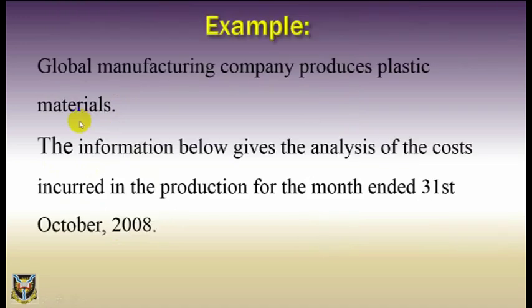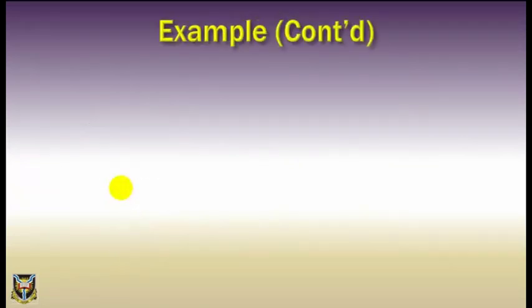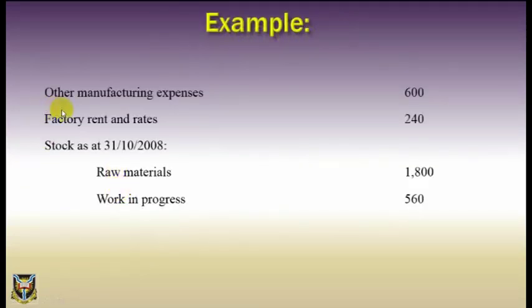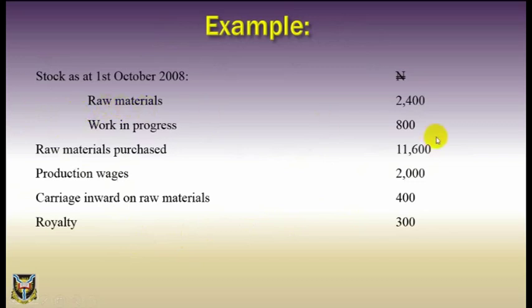Example: Global Manufacturing Company produces plastic materials. The information below gives the analysis of the cost incurred in the production for the month ended 31st October 2008. Stock as at 1st October 2008: raw materials 2,400, work in progress 800.